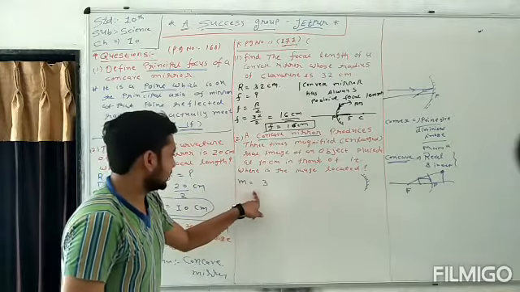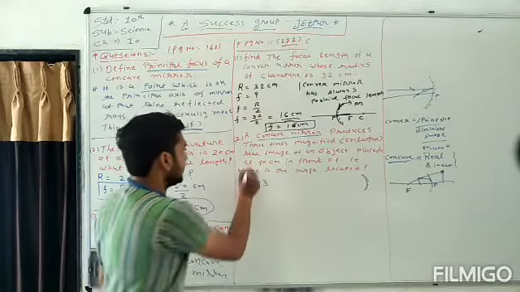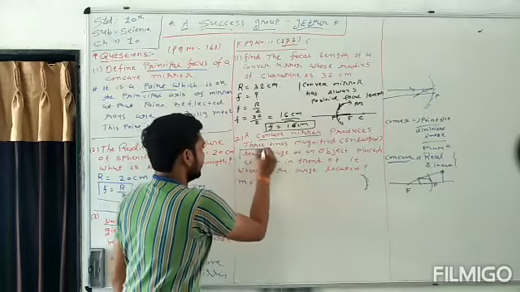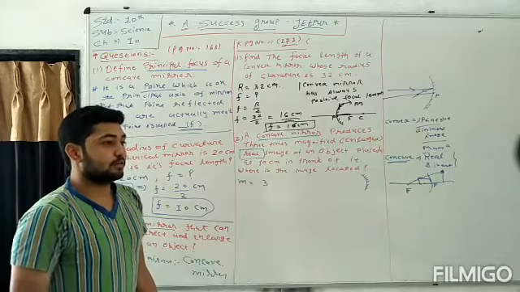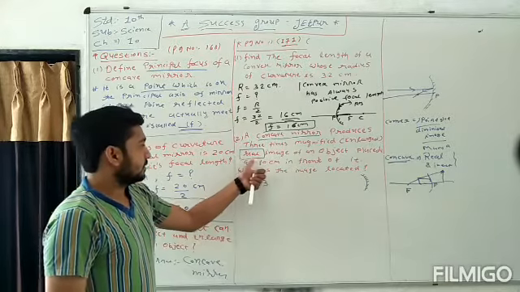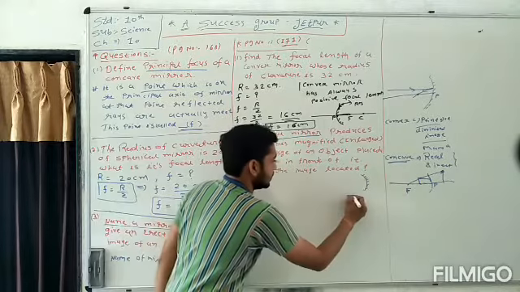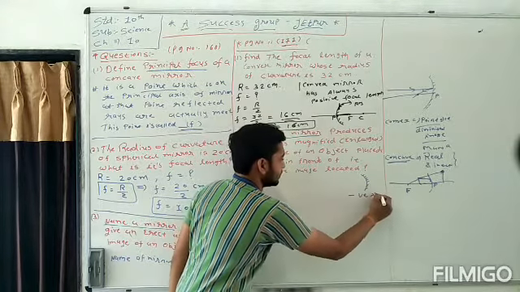Ratio has no unit. Magnification is 3, but real image, real means what? We discussed in our previous lecture. If real image is produced, that time we use negative magnification.